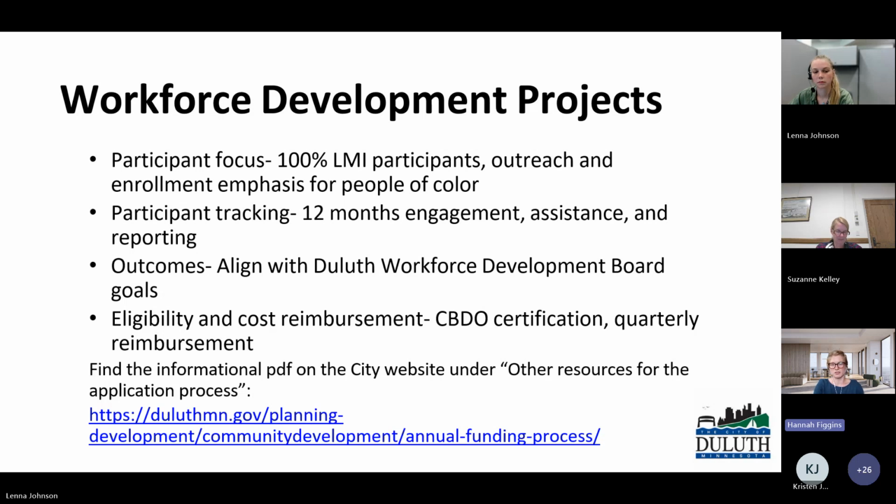The first is workforce development projects. If you have a workforce development project, there is this list of requirements that you will need to ensure that you meet, and the link at the bottom of this page will provide greater detail on those requirements and how you can meet them.